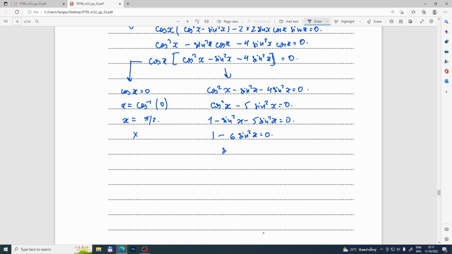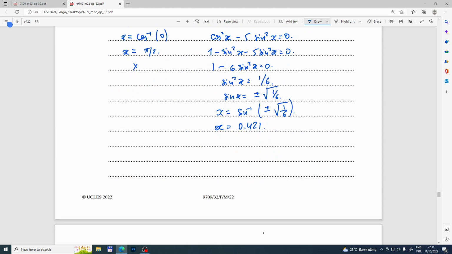And let's keep solving it. Take the inverse sine, and we get x equals 0.421, correct to 3 significant figures. And that's going to be our final answer.